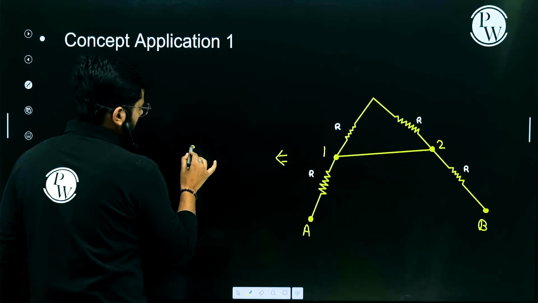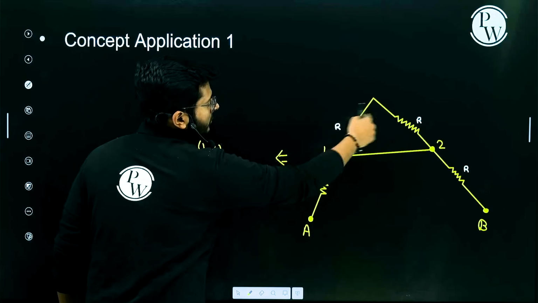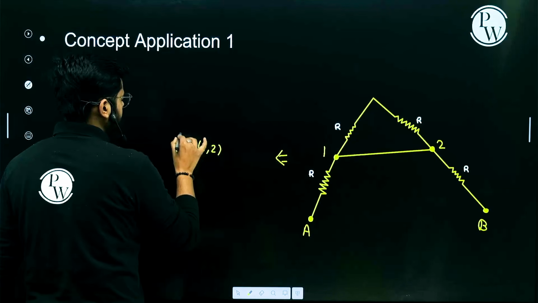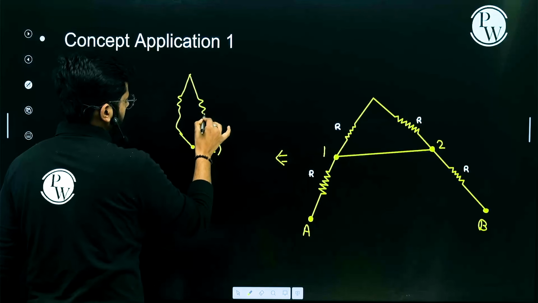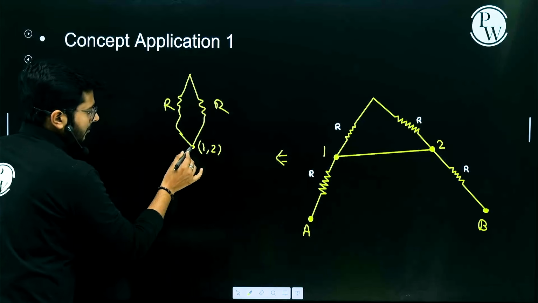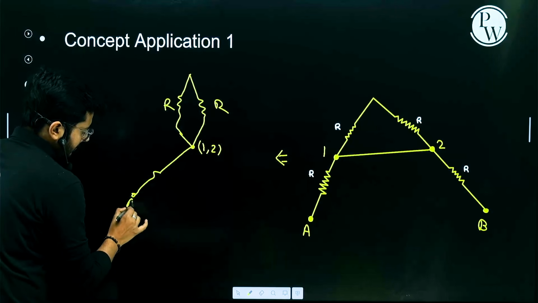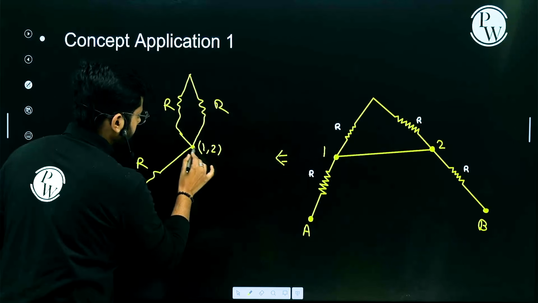So point 1 and point 2 are the same. All right. So between point 1 and 2, these 2 resistances are there, and this is 1 and A, and this resistance is there between 2 and B, right?